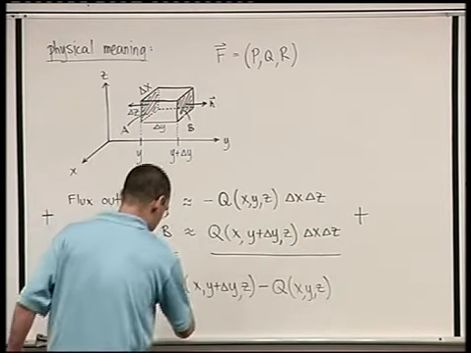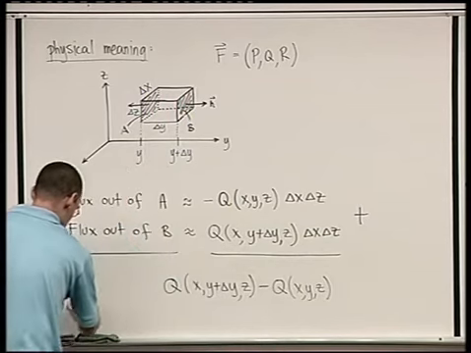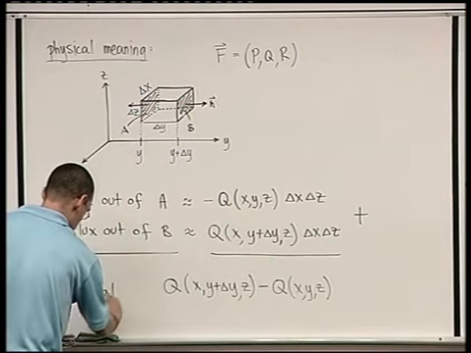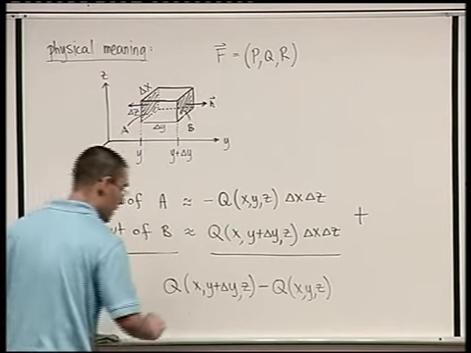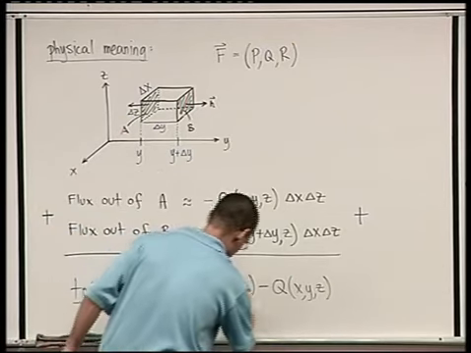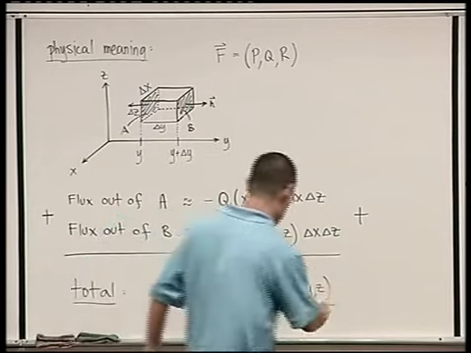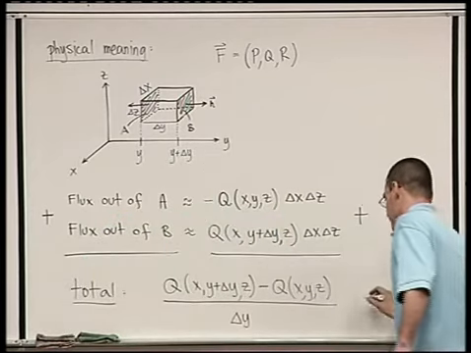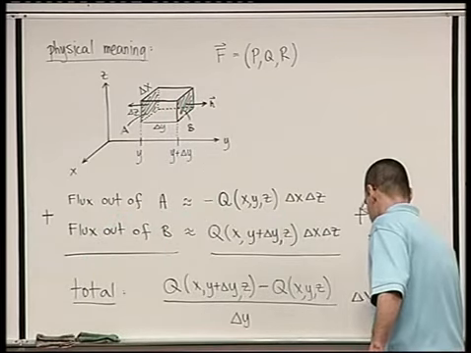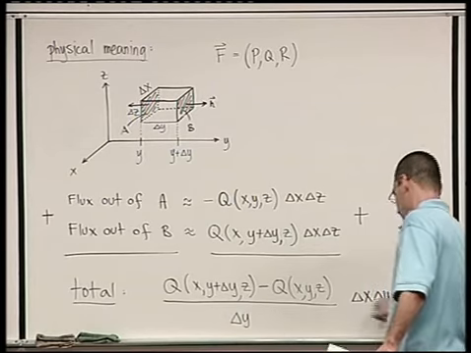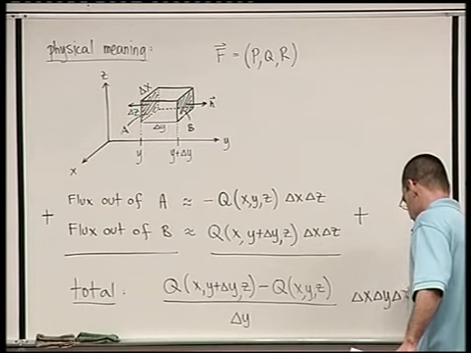And I'm going to divide, so let's write the total on A and B. I'm going to divide it by delta y, something I can always do providing I multiply it back by delta y, and I get delta x, delta y, which is what I multiplied by, delta z.